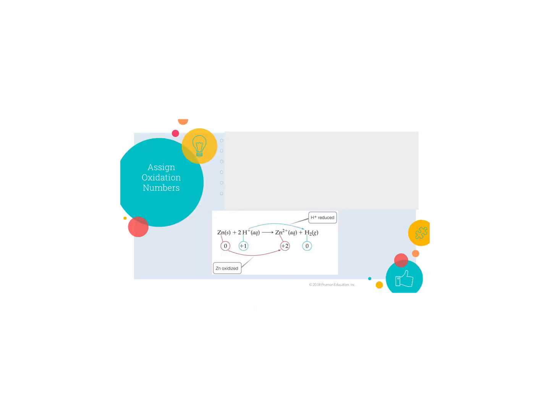As a reminder from the topic 4.7 video, elements, or anything in its natural elemental form, like O2, for example, or I2, I'm going to refer to the oxidation number as ox number. Its oxidation number is always equal to 0. For monatomic ions, or just ions with a single atom, its oxidation number is just equal to the charge.